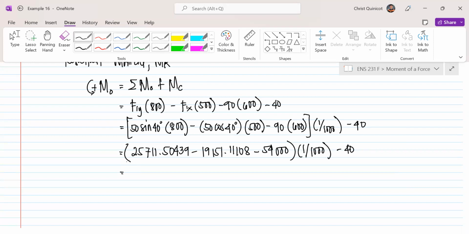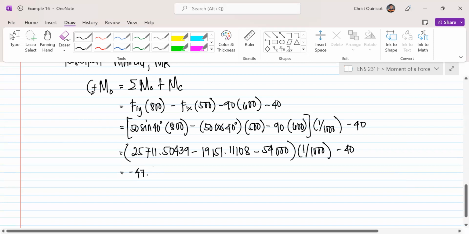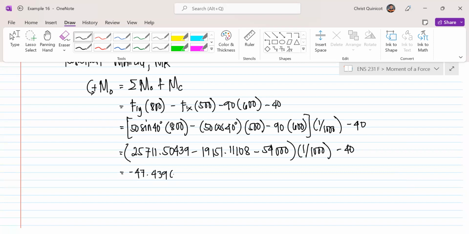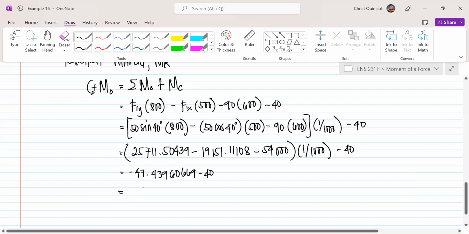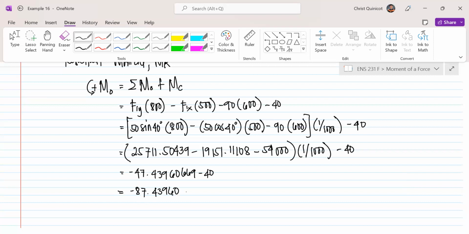So this is, let me divide it by 1,000 immediately. So that's negative 47.43960669 minus 40. So this is negative 87.43960669.